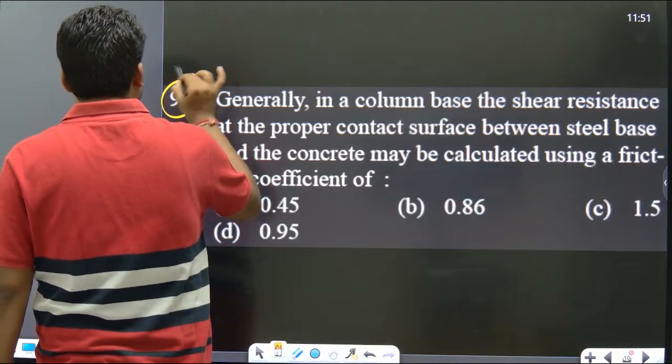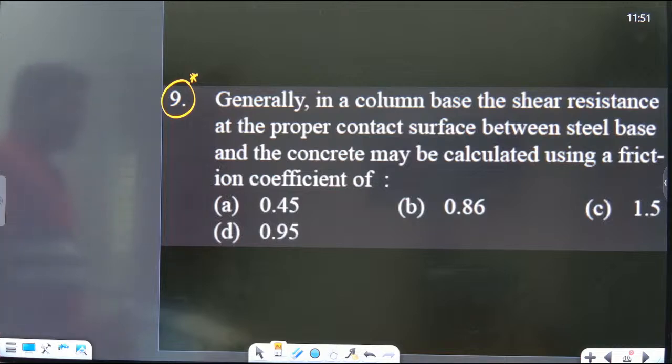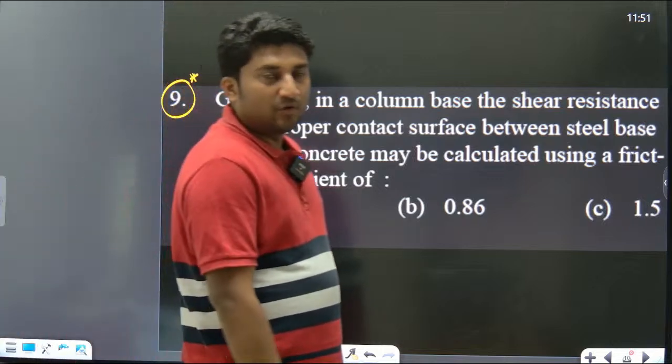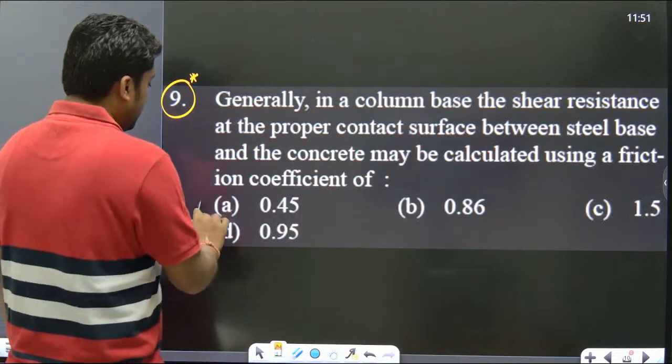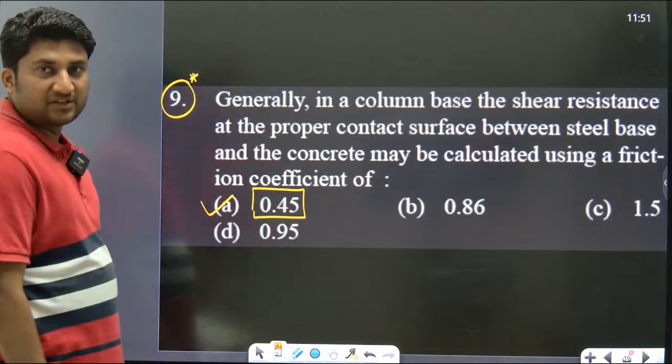Put a star mark on this. Generally in a column base, the shear resistance at the contact surface between the steel base and the concrete may be calculated using a friction coefficient of how much? You consider the friction coefficient of 0.45. Please put a star mark on this.